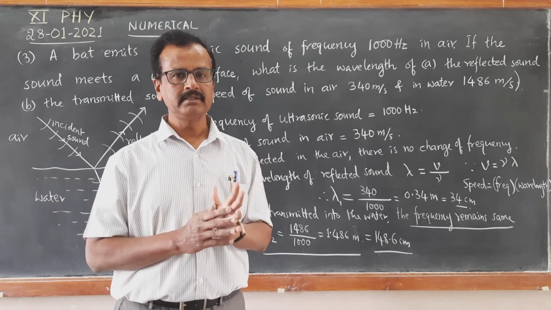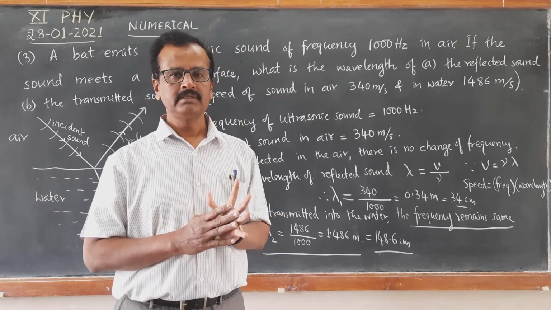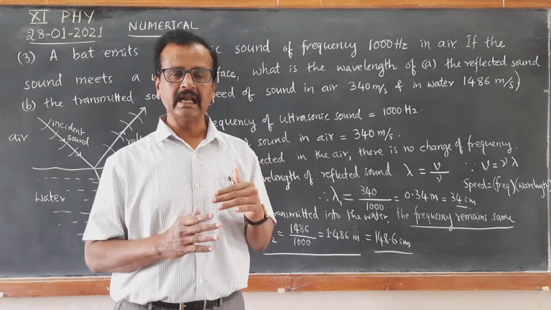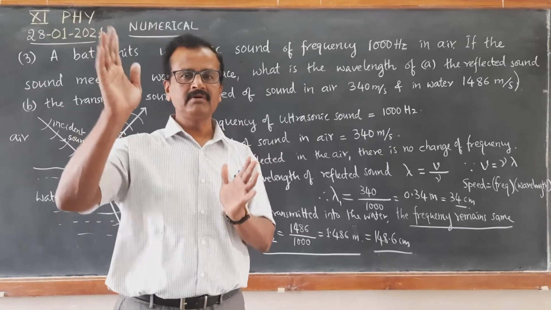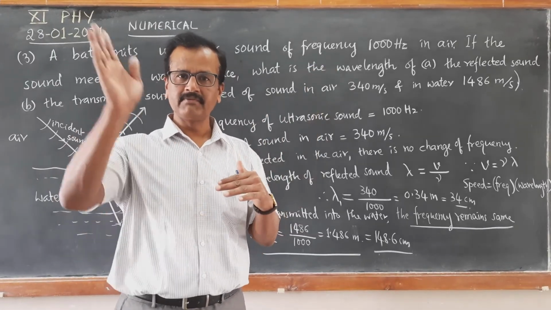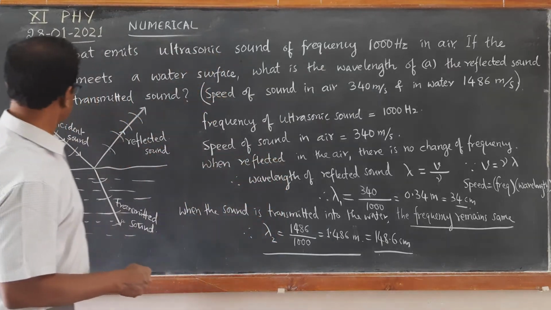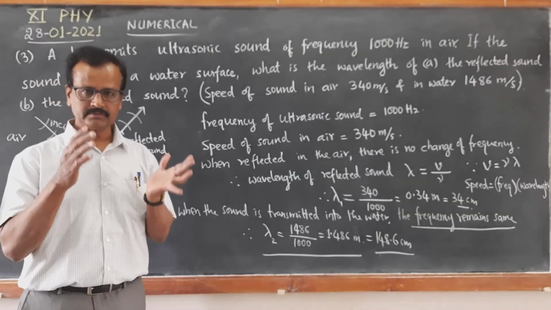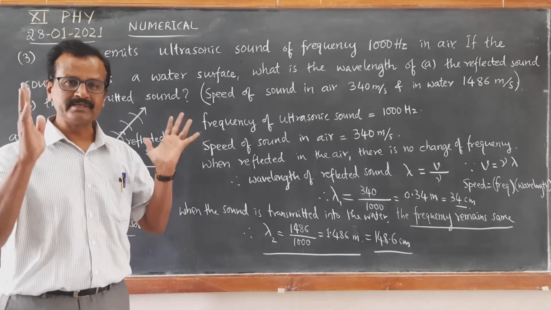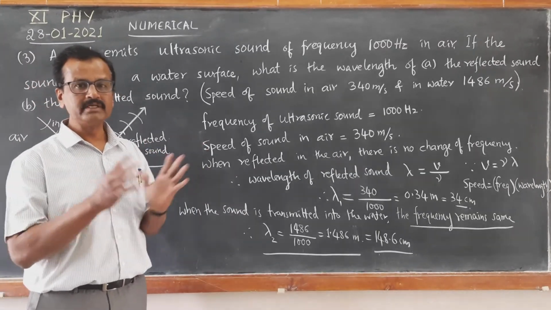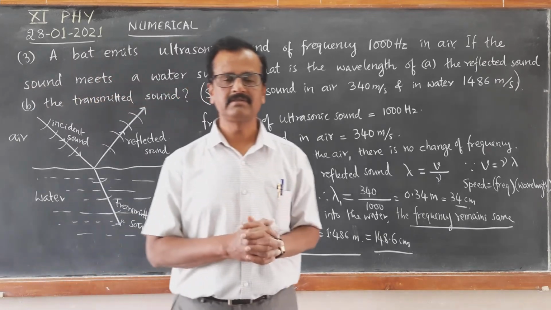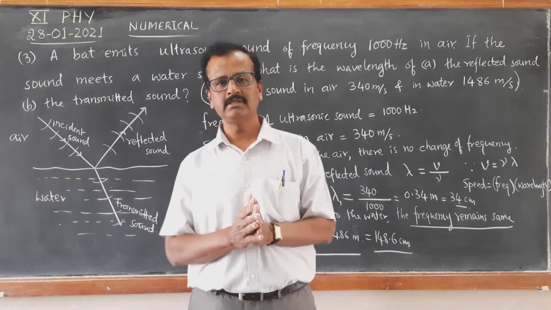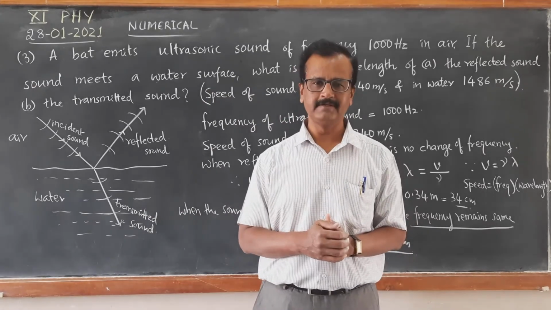But remember, even for light waves, the frequency of incident, reflected, and transmitted light remains the same. Only changing thing is the wavelength. Wavelength changes because there is a change of speed.